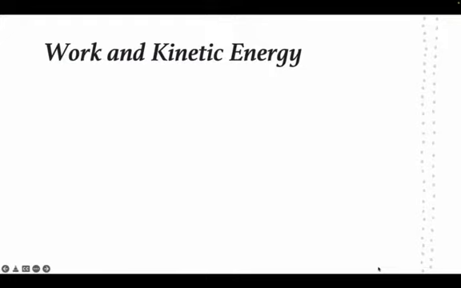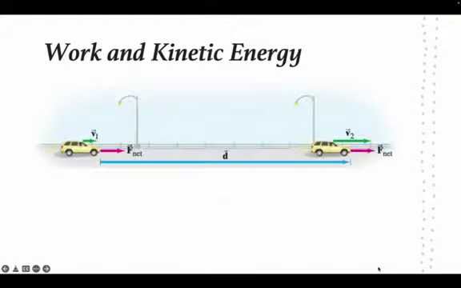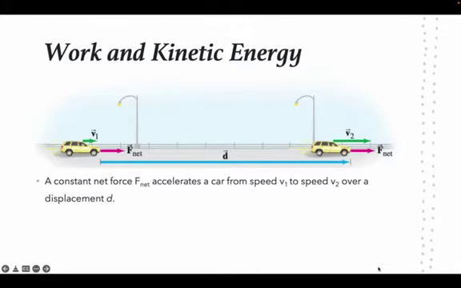Now let's see how work and kinetic energy are related. So take, for example, a car accelerating from V1 to V2 over a certain displacement. Right? In this case, we have a net force that is being applied on the car through a certain displacement.